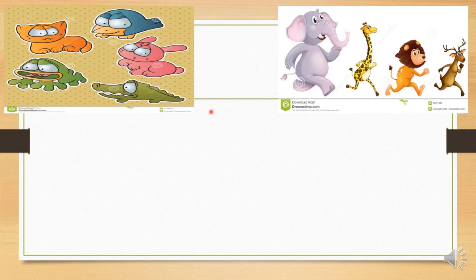Okay. So children, now what we have to do? We have to place the sign, the symbol of whether it should be less than, greater than, or equal to. So you know very well where we put less than sign, where we put greater than sign, and where we put is equal to sign.